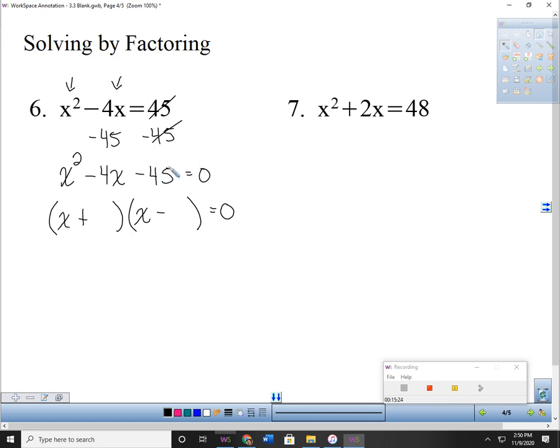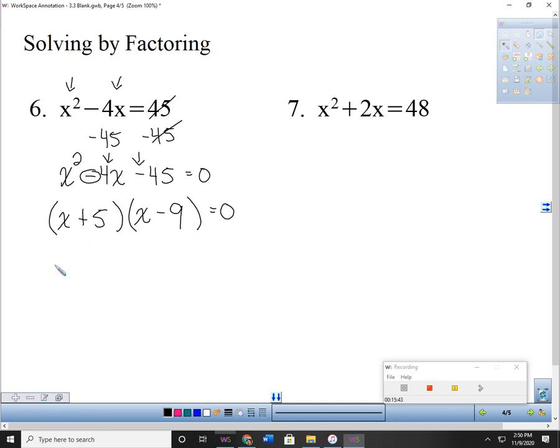And then I need two numbers that are going to multiply to make that 45 and subtract to make 4. 5 and 9. And since I want this middle number to be negative, the 9 is going to go with the negative and the 5 will go with the positive because negative 9 and positive 5 make negative 4.